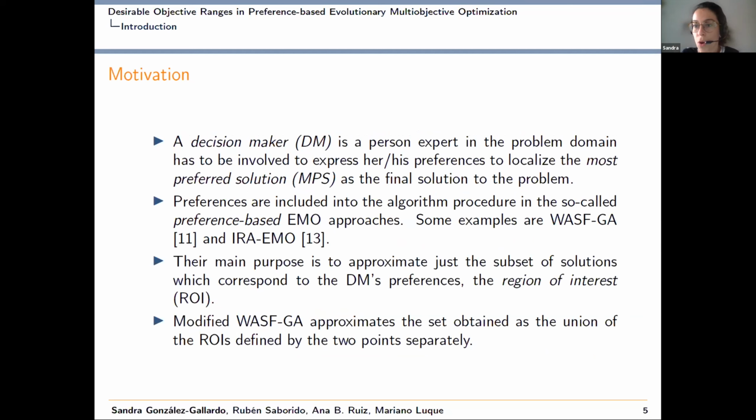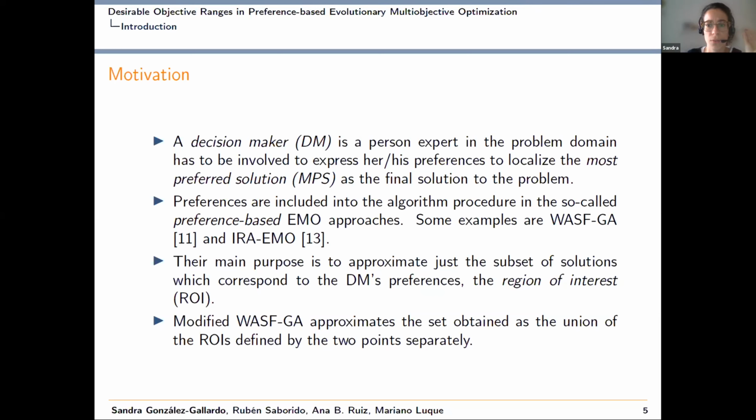Given that all solutions generated by an evolutionary multi-objective optimization algorithm are equivalent in a mathematical sense, we introduce the concept of a decision maker. A decision maker is a person expert in the problem domain who has to be involved to express his or her preferences to localize the most preferred solution as the final solution to the problem. In order to facilitate the decision-making task, some preferences are included into the algorithm procedure in the so-called preference-based EMO approaches.